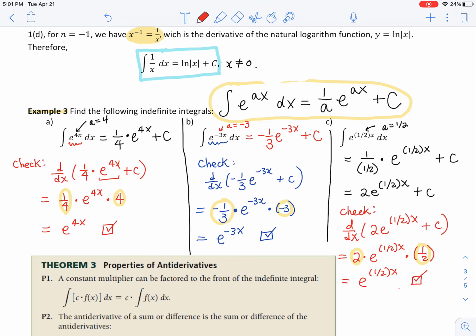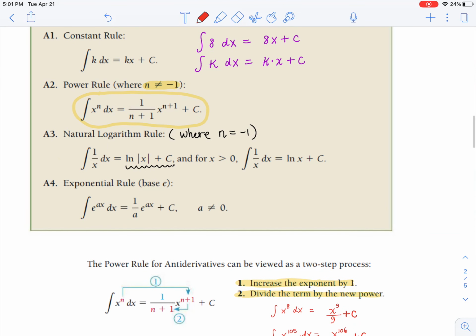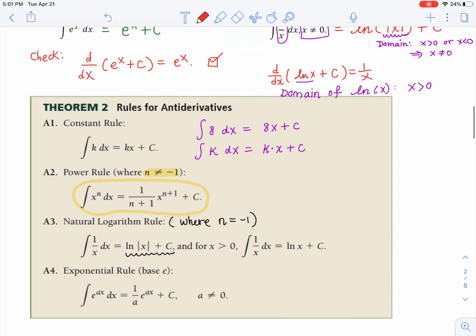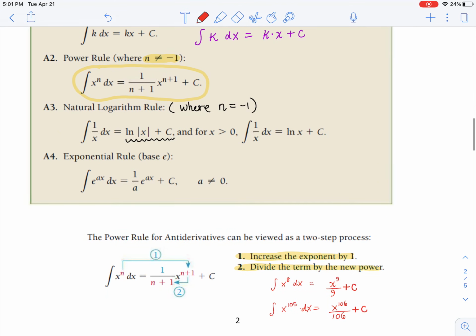Therefore, I will have e to the 1/2 times x. And isn't that the integrand? Yes, that's it. I didn't check every other integral problem, but I did want to check these exponential rule problems, because I didn't really explain it up here. But okay, so they all worked.